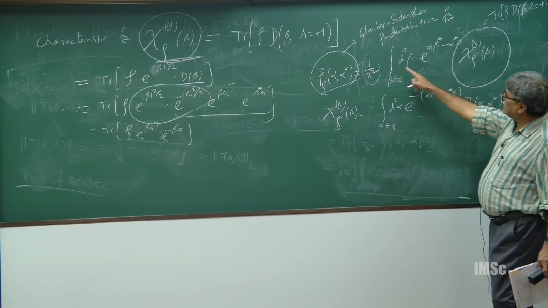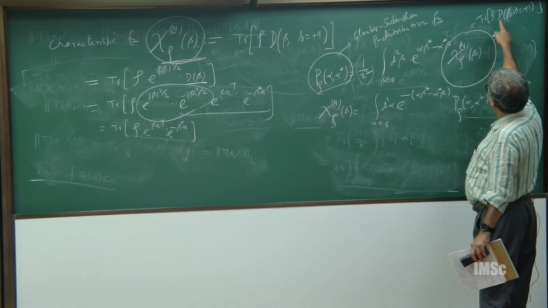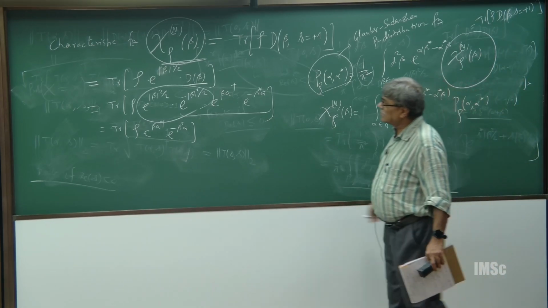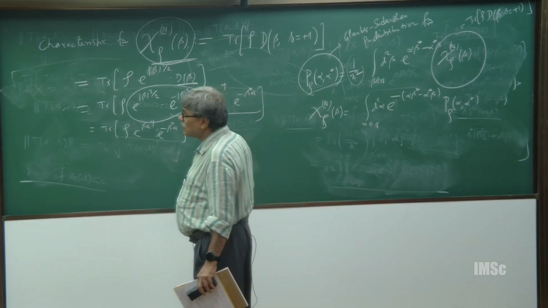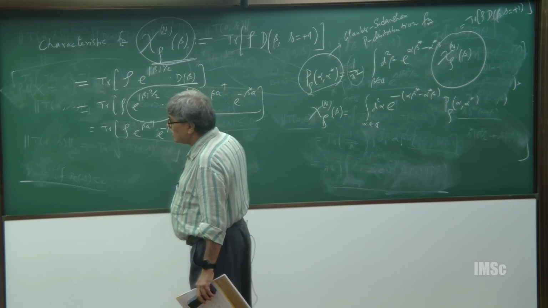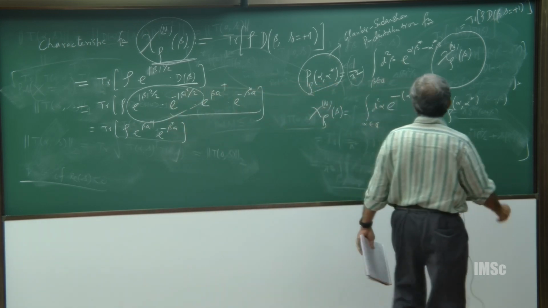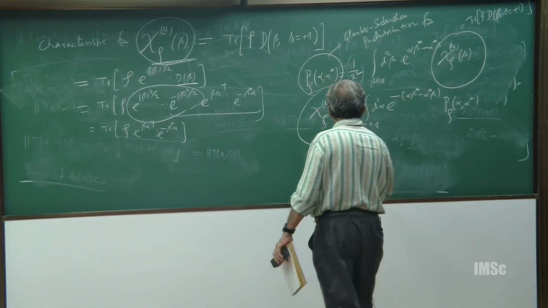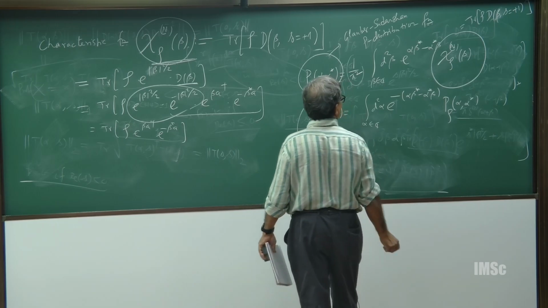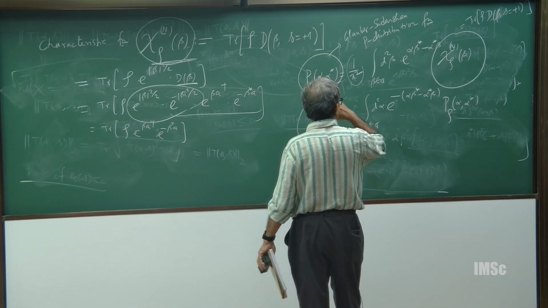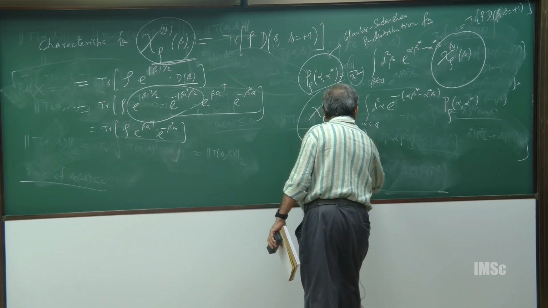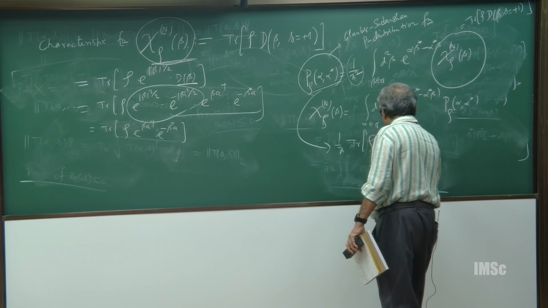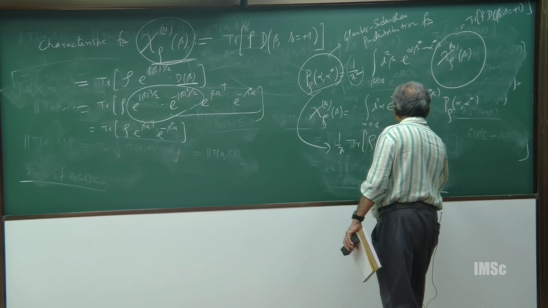Now, if I take this Fourier integral inside of this trace, that I can do. So, effectively this expression is 1 upon pi trace of rho and then T of alpha s is equal to plus 1.